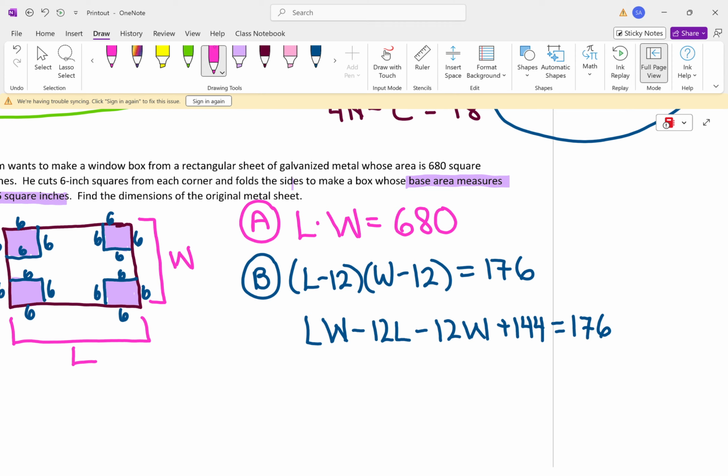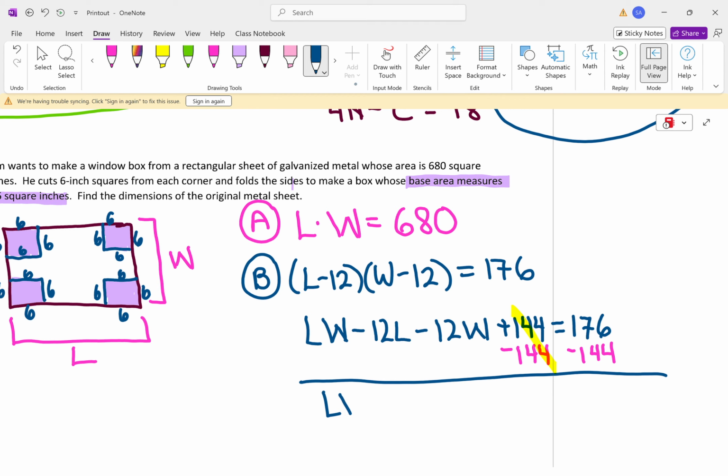What do you think I'm going to tell you to do with that 144? Subtract it. So we're going to have LW minus 12L minus 12W equals 32.